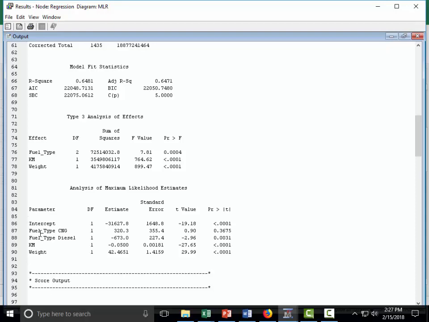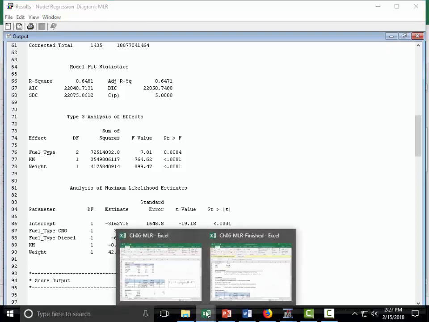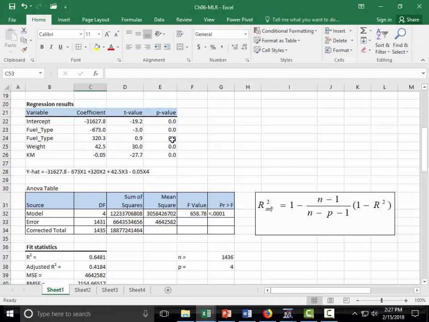For each variable, including the dummy variables, you get your estimate, your standard error, your t-value and all that, okay? Which is what we copy pasted here. And if you look at the p-values, of course we're not going to be worried about the intercept, only these. So you see that the p-value for weight and the p-value for kilometer are close to 0, so they are significant.